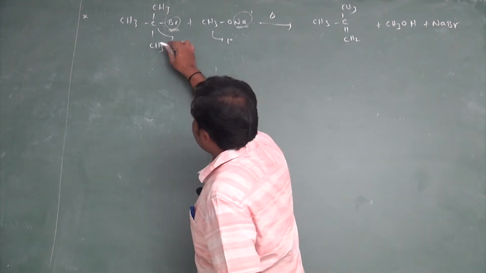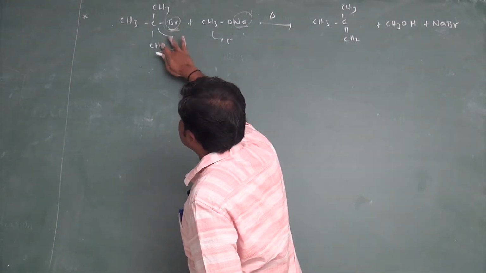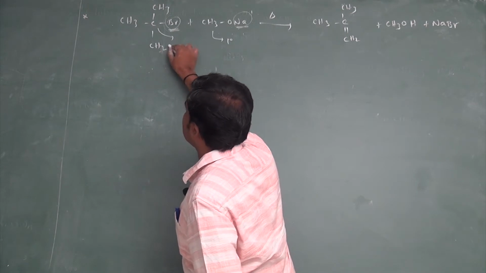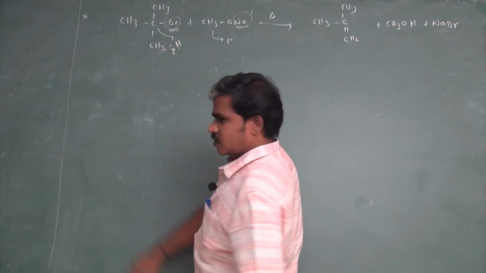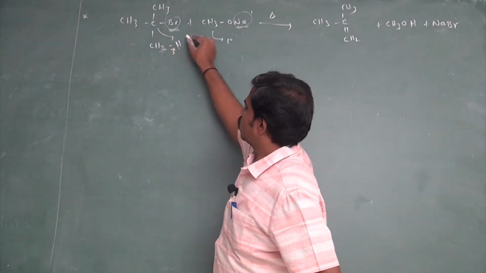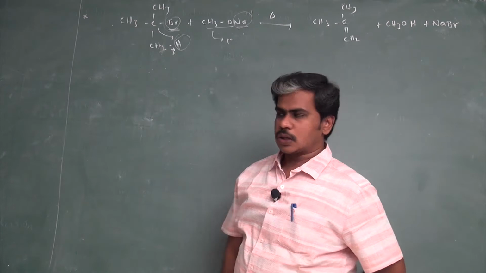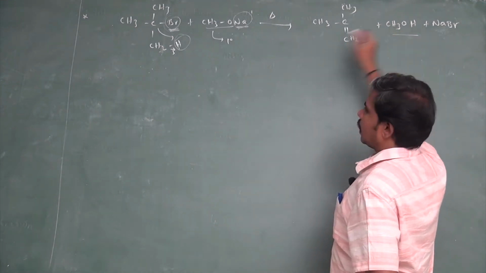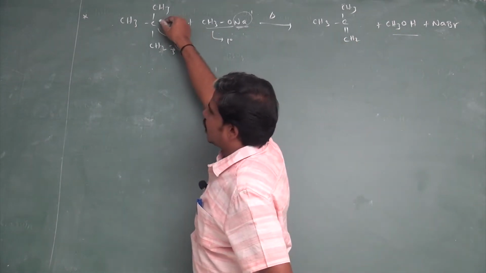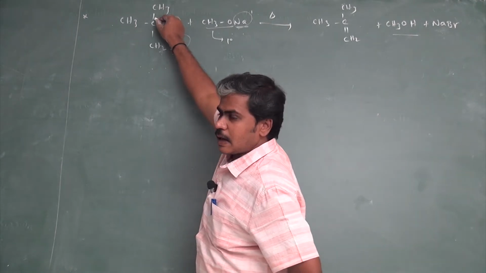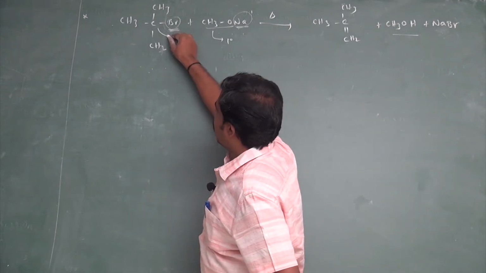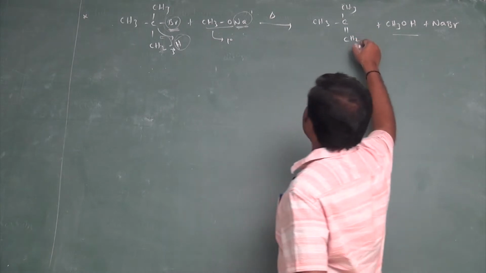Here, one of the hydrogens, CH2H for our convenience. Here there is a hydrogen and CH3O, so we are getting methyl alcohol. And Br is already removed, so it is getting a positive charge, so the bond is going to here, and we are getting an alkene.